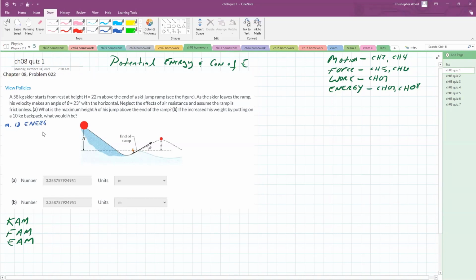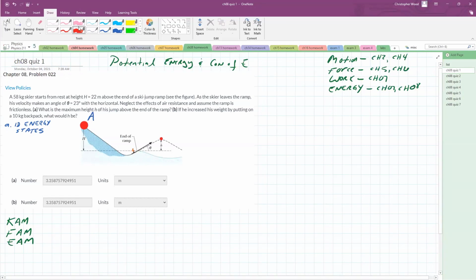So when I look at this system that's described for us in this problem, I can't help but think of this as an energy state, the skier at the very top of the ramp. That seems like a natural label. This right here seems like another natural label, the skier at the bottom of the ramp, right at takeoff.